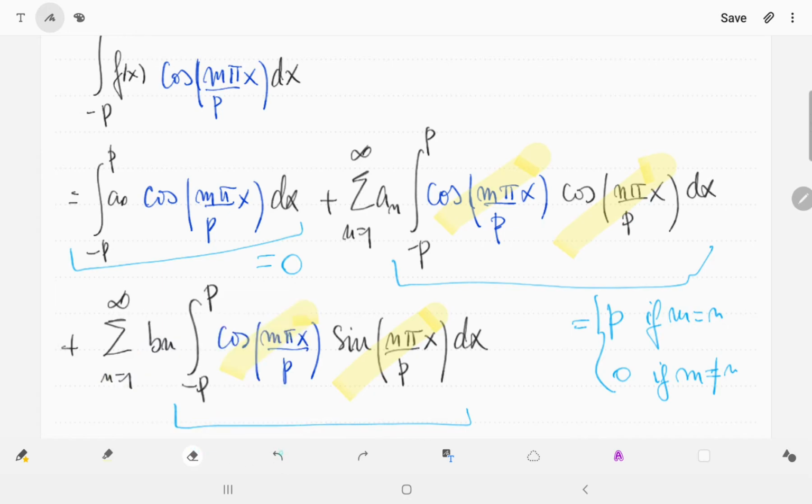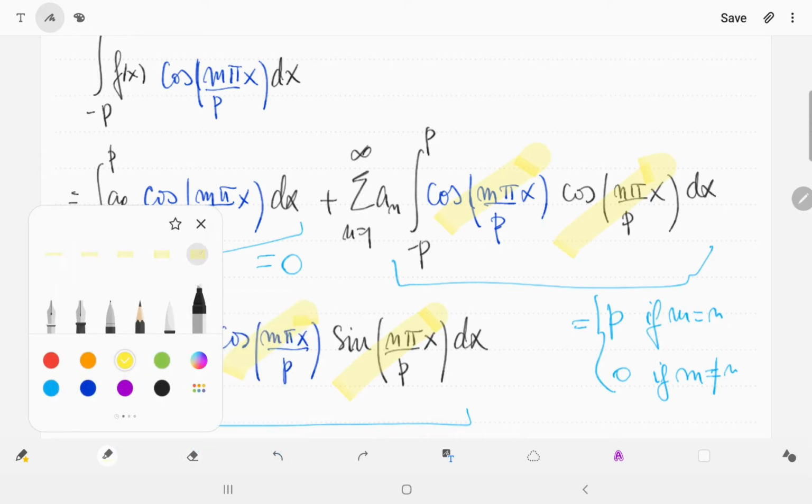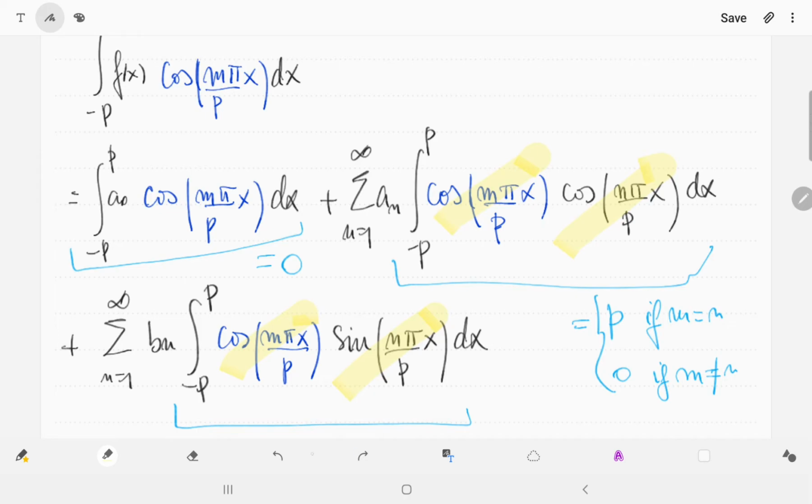Now you can see why those orthogonality relations are important. This was the first orthogonality relation, and we know that this is equal to p if m and n are equal, and 0 if they are not. And here, we know that no matter whether m and n are equal or not, this is exactly 0. So this term is gone. This one, we have p or 0 depending on n and m. And again, this was part of the previous exercise, where you have to check that it is 0.